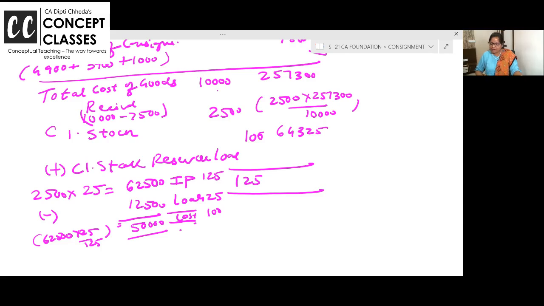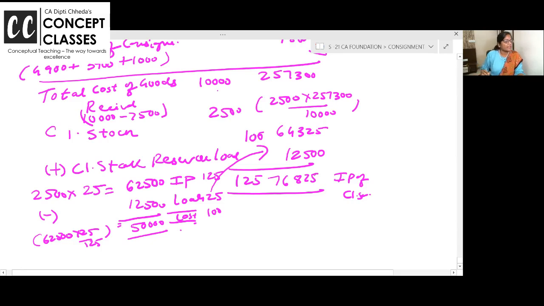Anyone in the class is having doubt, then I will re-explain, please. 12,500 loading add karo. And what is the invoice price of closing stock? 76,825. Please write it.